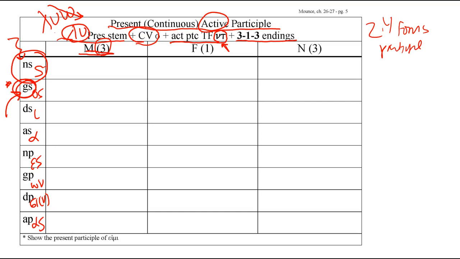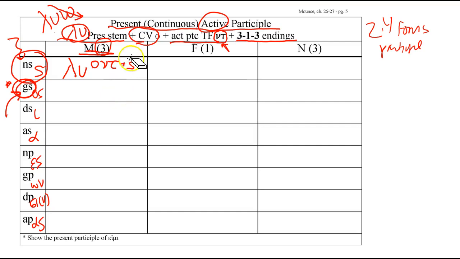So for the nominative singular masculine form, you take the stem lu, and it uses the connecting vowel omicron, and then it uses the nu tau, and then you're supposed to add a sigma to it. But actually, just for the nominative singular form, it doesn't do that.